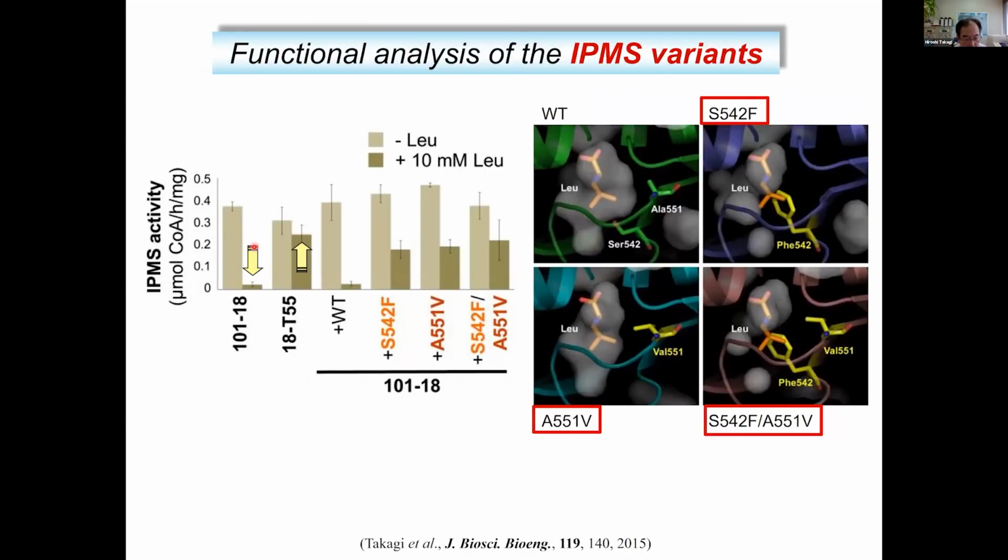IPMS activity of the wild-type strain was markedly inhibited by leucine. This is the wild-type enzyme. But the mutants show about 80% activity, even in the presence of a high concentration of leucine.